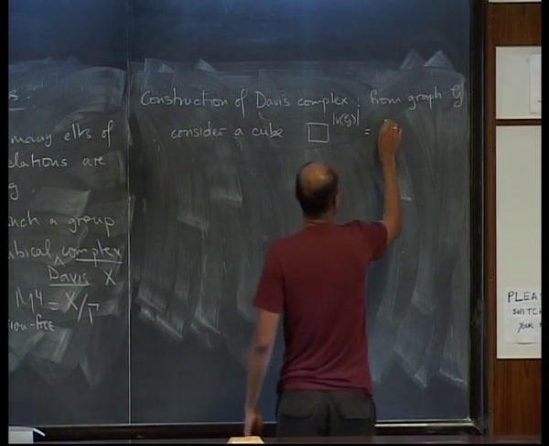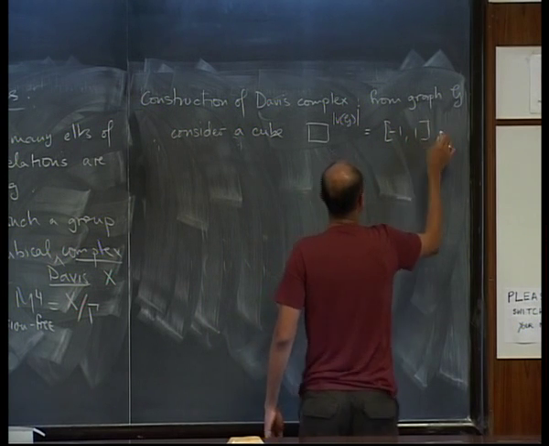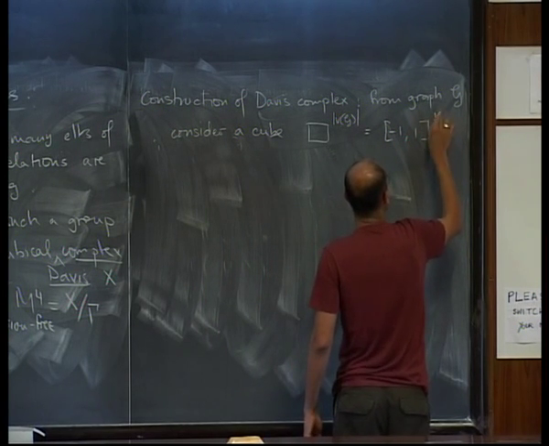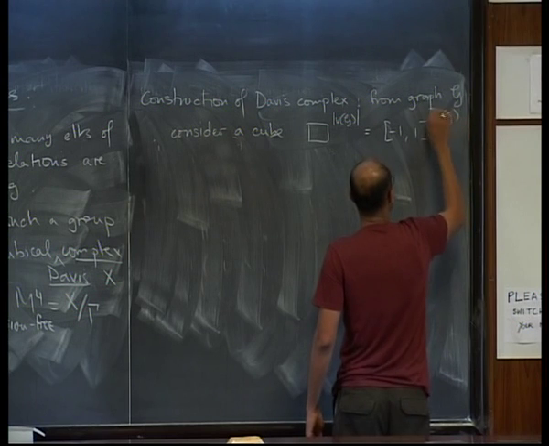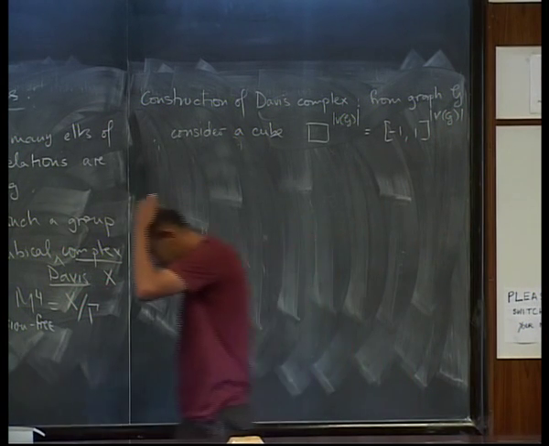Okay, so this is [-1, 1] to the cardinality of the vertex set.